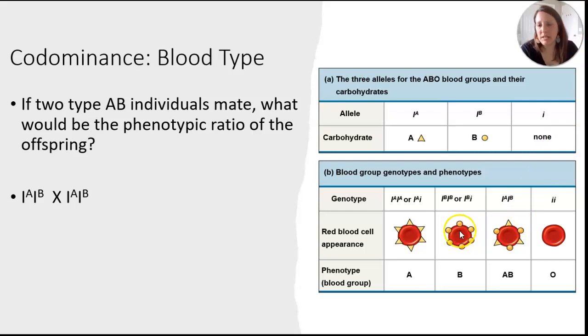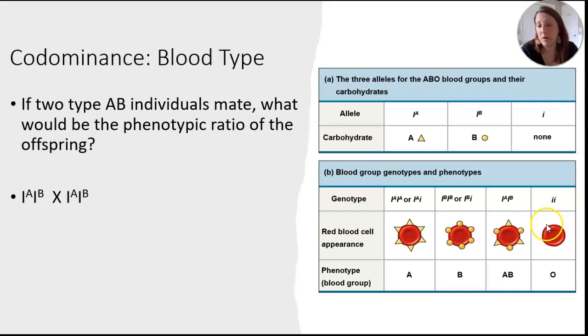If you are type B, you can get blood from somebody who is type B or O, and that's it. If you are type A, you can get blood from somebody who's type A or O, and that's it. You can't get blood from B or AB because of that B surface carbohydrate. If you're type O, again, you can only get type O blood, but you can give blood to anyone.